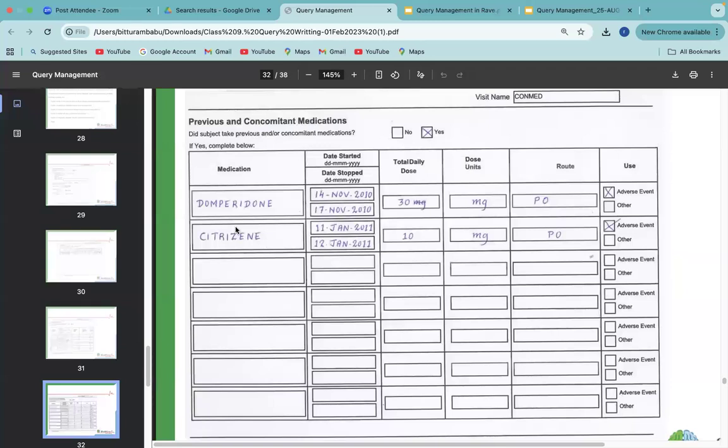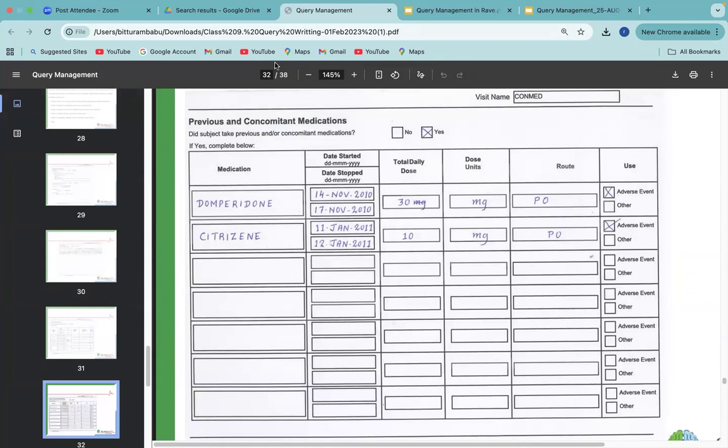Sir, here domperidone power 30 mg. That's 10 mg, sir. Come on, guys. Whoever is not talking, please mute yourself. So whoever is talking can unmute.